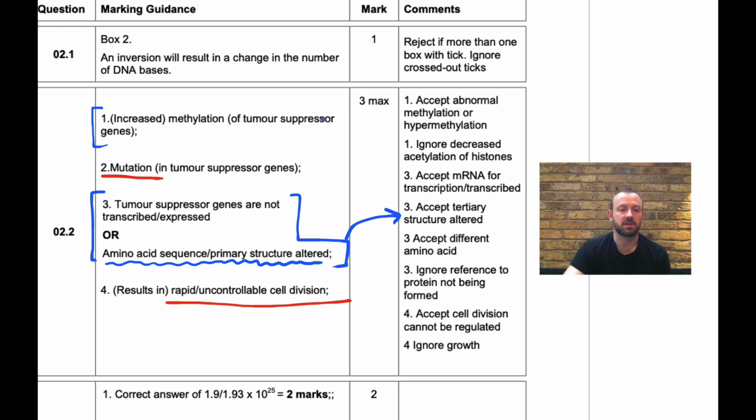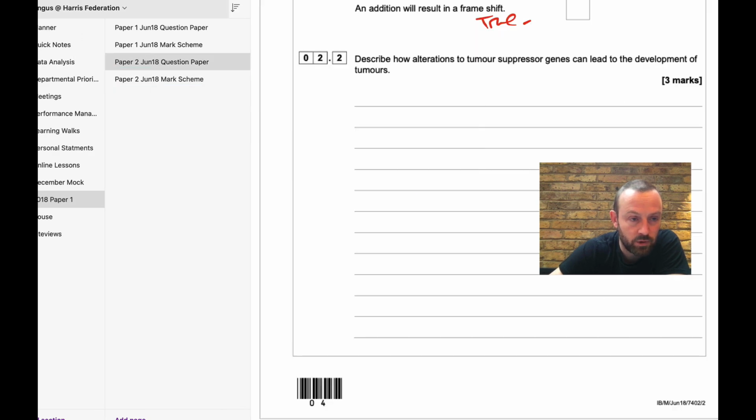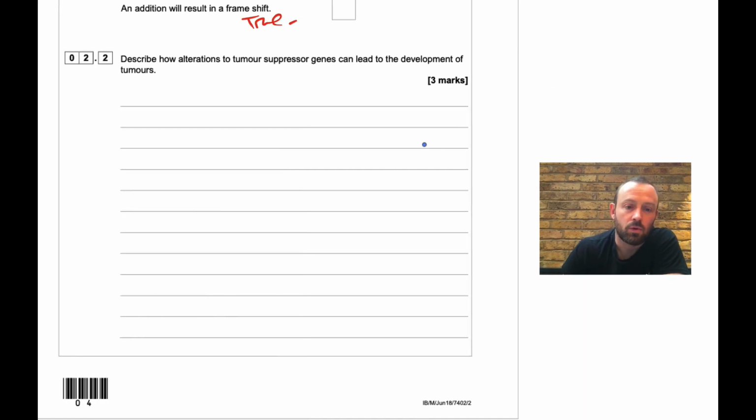And I'm kind of surprised that this is in, oh no, this is paper 2, sorry. Although my brain wouldn't have gone there because it said alterations to the genes. That for me implies mutation, but you could have talked about methylation of the gene, which would have reduced its expression through epigenetic means. Right, let's keep going.